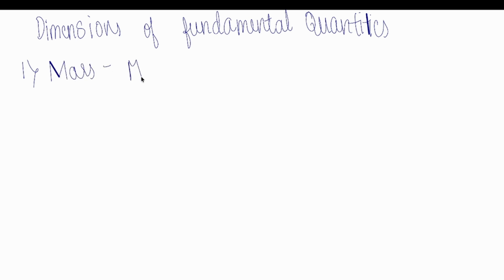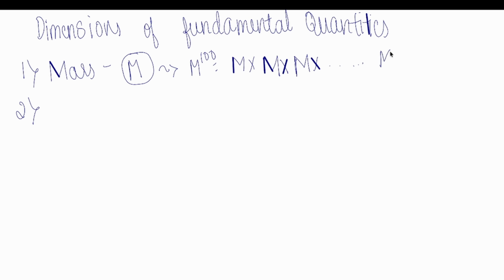It is M. This is the base quantity which I'm representing. We can raise any power to the given base physical quantity. I can write this also as m power 100, meaning m into m into m, 100 times.